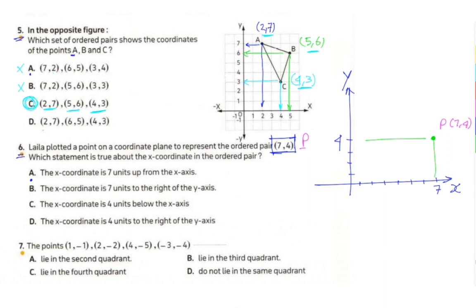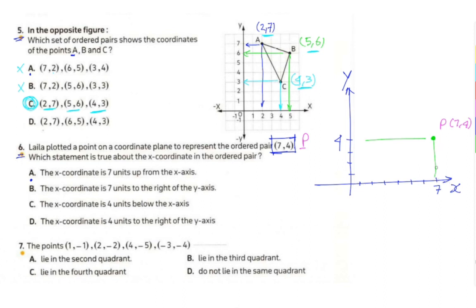Let's revise each statement to find which one is true. You're saying the x coordinate is 7 units up from the x-axis. We have the x-axis here.